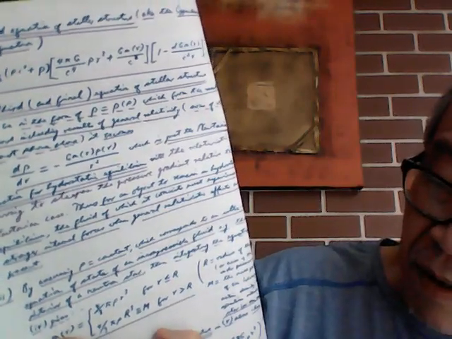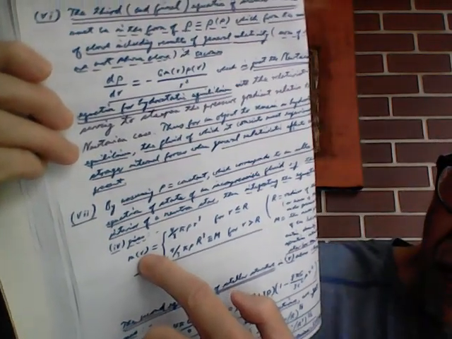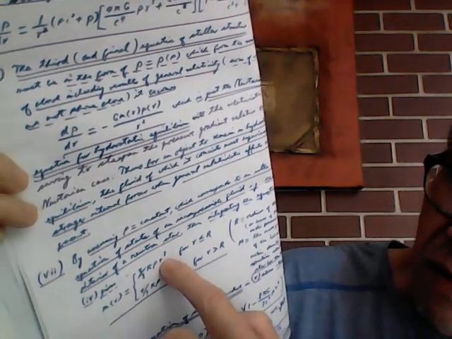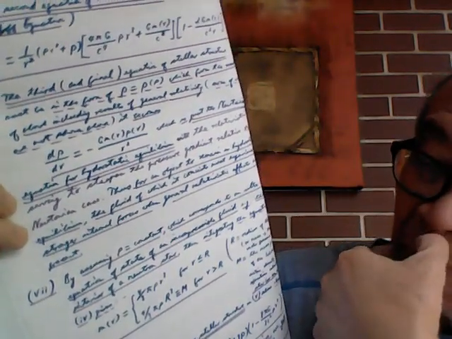And we can immediately get P prime of r is equal to minus rho c squared, because this is equal to minus 1, as this just cancels out and becomes minus 1. And what is rho squared? I have already given it here: the mass as a function of r is equal to 4 over 3 pi rho r cubed.